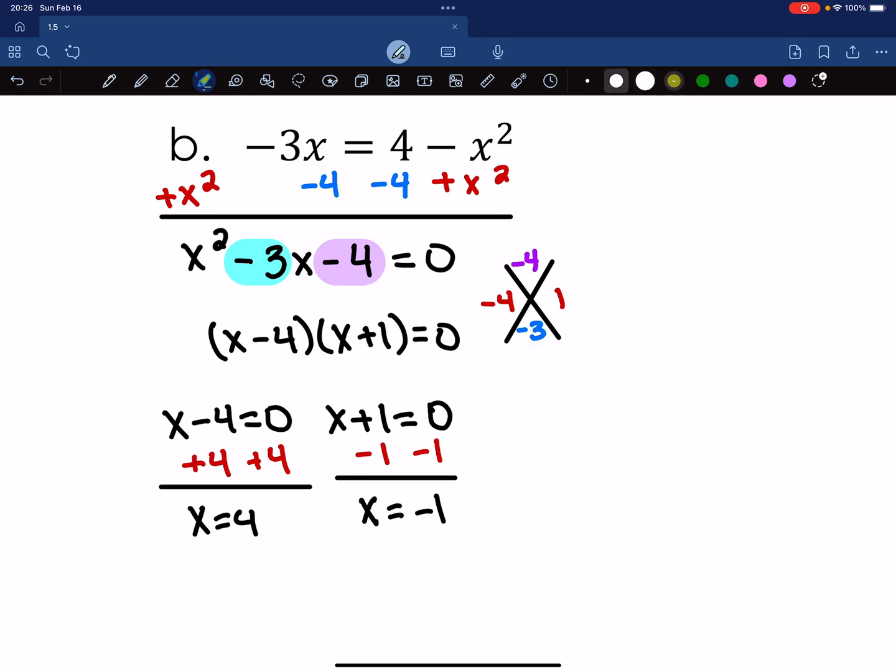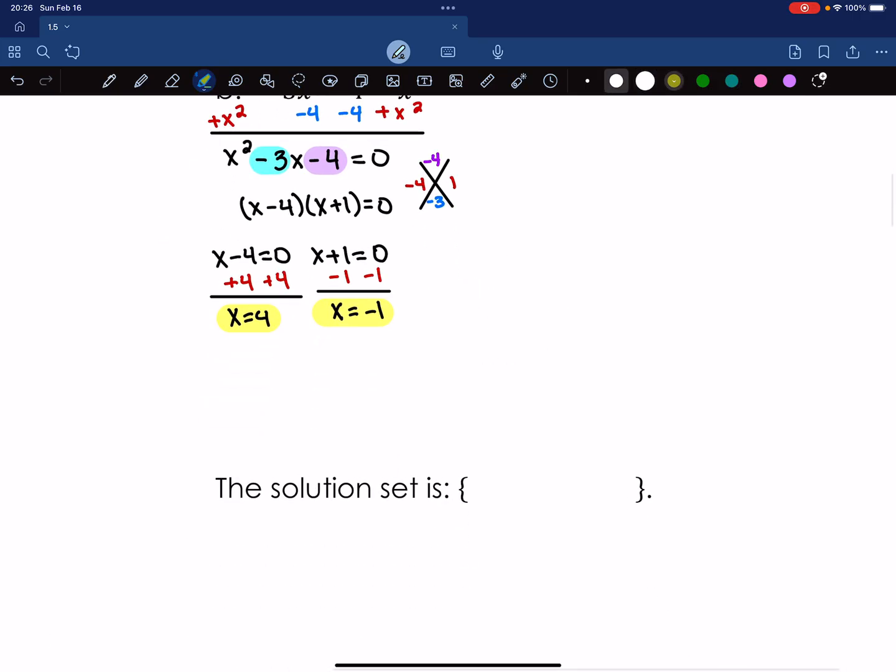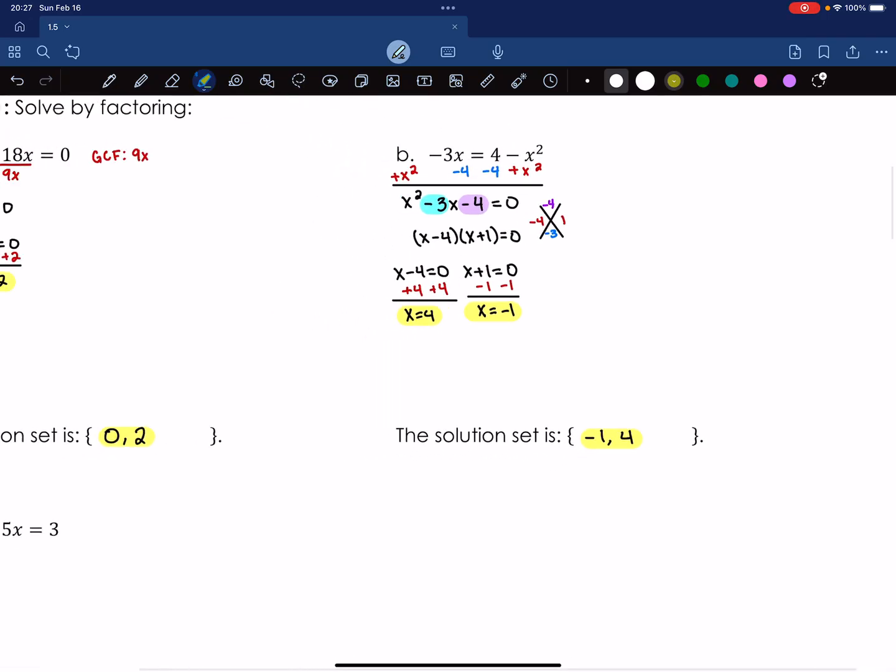We found our two solutions, so we're going to type them in: negative 1, 4, or 4, negative 1. It doesn't matter. Just make sure no spaces between, and you just list them with commas.